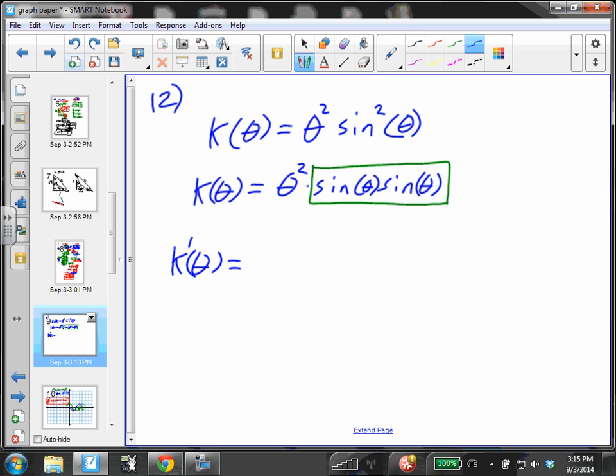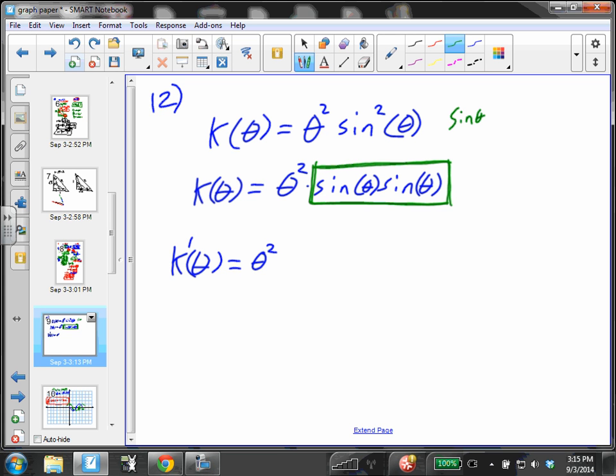So K prime is going to be equal to the first times the derivative of the second. Well, the derivative of that second stuff, that's the hard part, right? So we'll come over here and we want to take the derivative of this piece right here. And the way you take the derivative of 2 things being multiplied together is you write down the first piece and multiply times the derivative of the second.